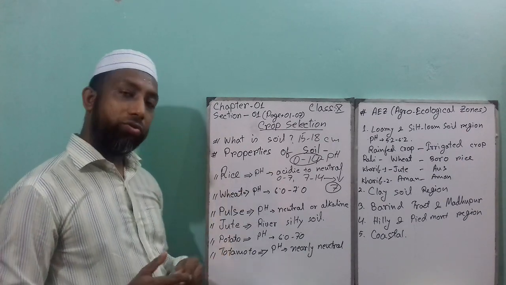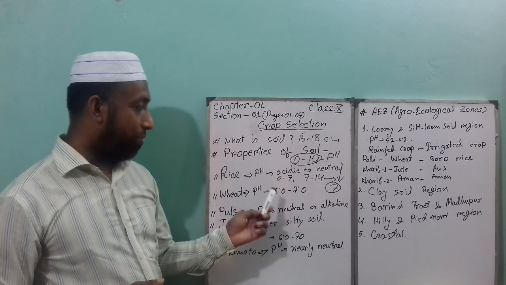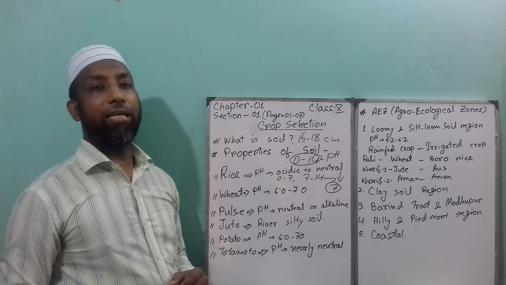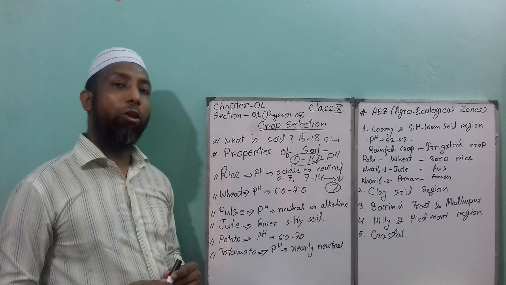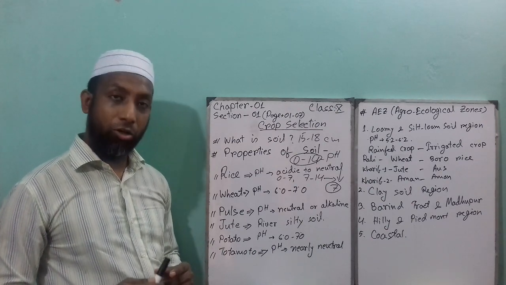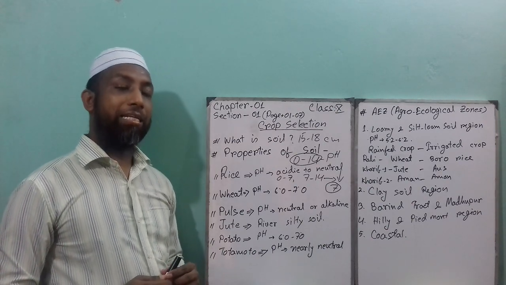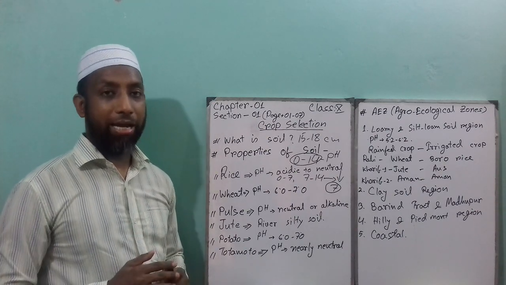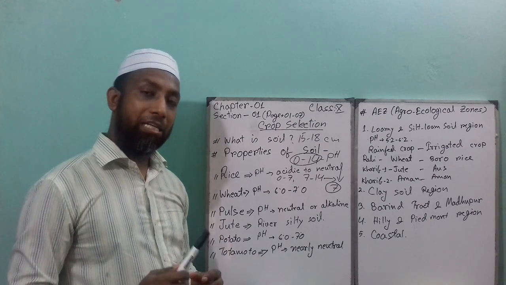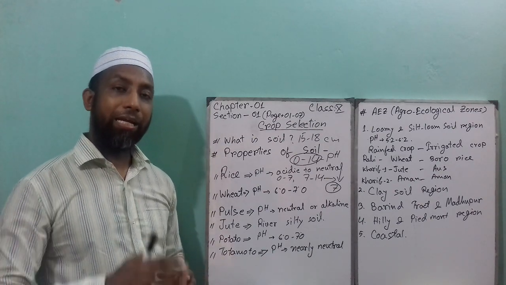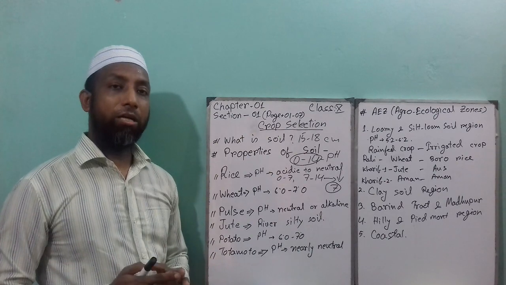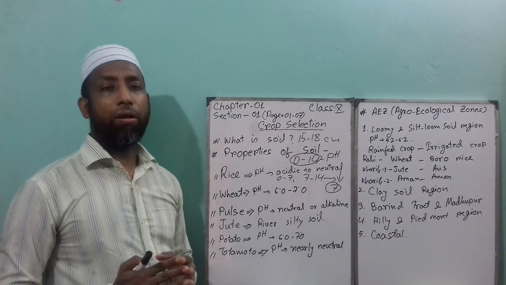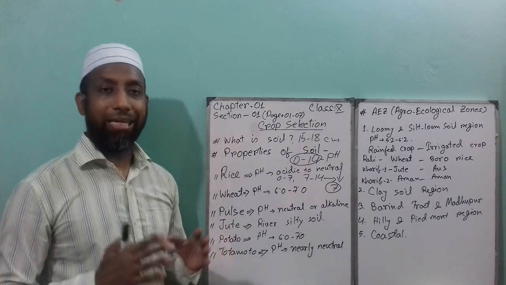So when you cultivate rice, you need acidic to neutral soil. Rice can be cultivated in clay soil, loamy soil, clay loam soil, and silty loam soil as well, and the organic component needed is higher. Remember that rice can be cultivated in lowland and medium lowland, because rice likes a water stagnant condition in the soil.